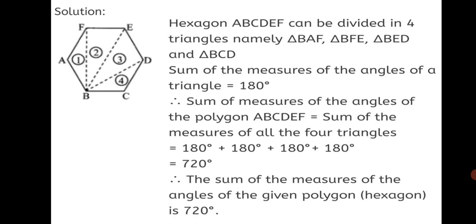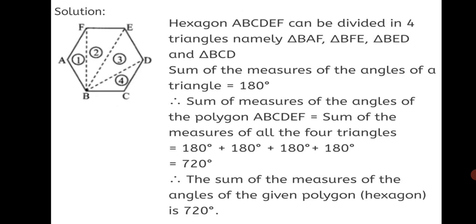Therefore, the sum of the measures of the angles of the polygon ABCDEF is equal to the sum of the measures of all the 4 triangles. So it is equal to 180 plus 180 plus 180 plus 180, which is equal to 720 degrees. Therefore, we can say that the sum of the measures of the angles of the given hexagon is 720 degrees.